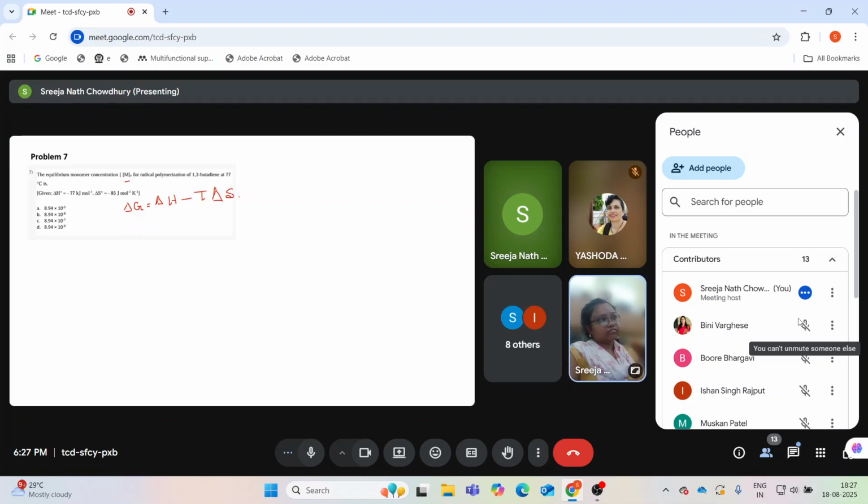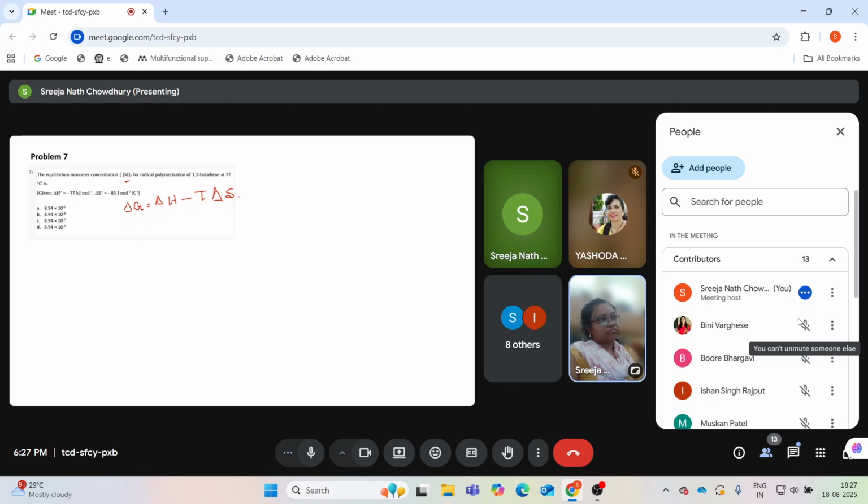And for this radical polymerization, delta G is equal to minus RT ln K. Tc is the critical temperature above which the gelling will occur.